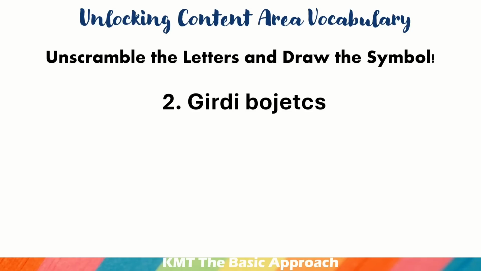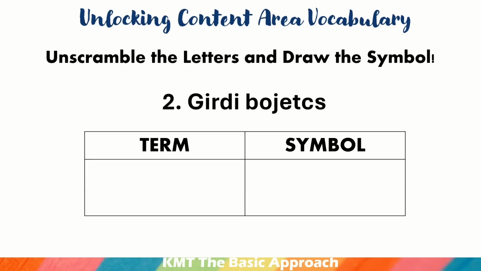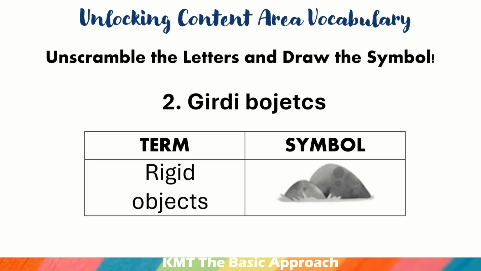Number 2. What is the correct term and symbol for this? Great! The correct term is rigid objects, and the correct symbol is this.